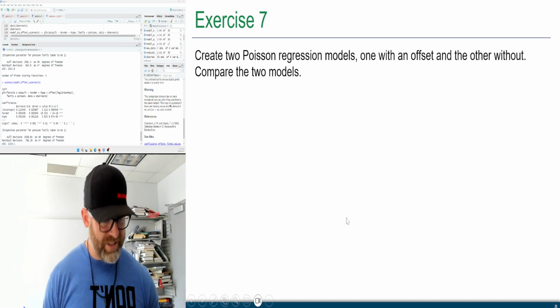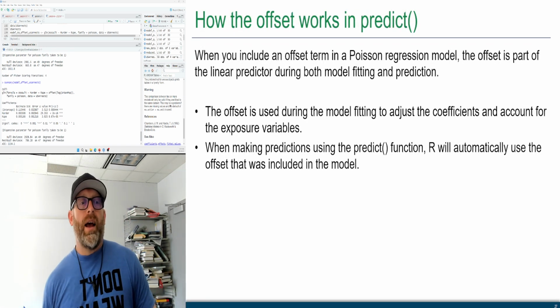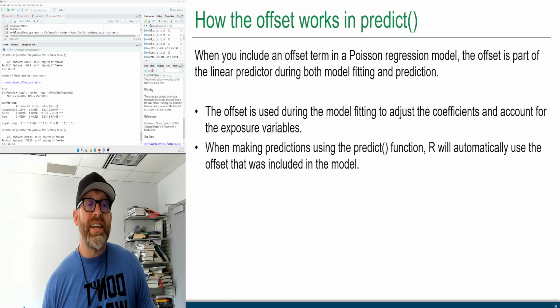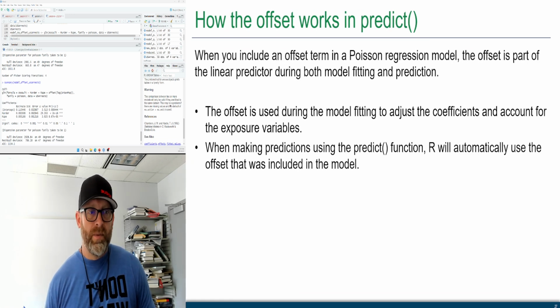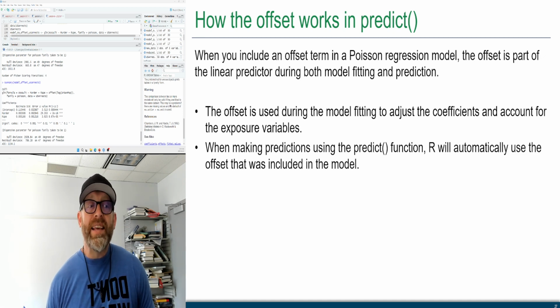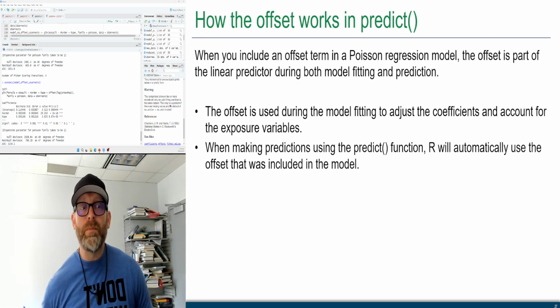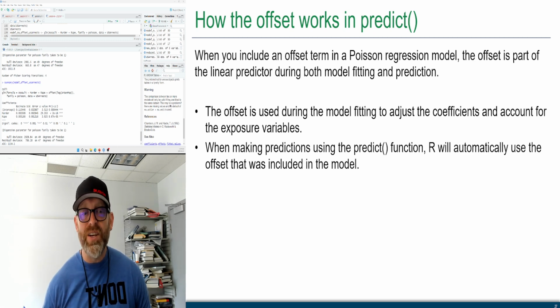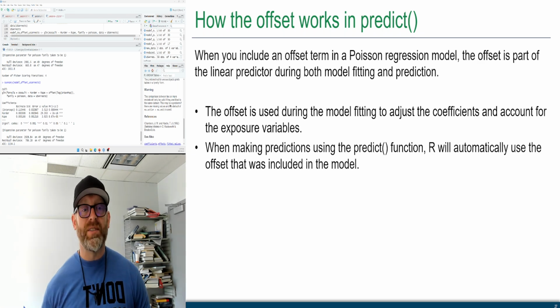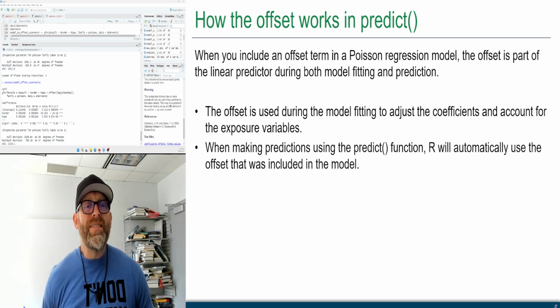All right, so let's talk about how the offset works in the predict function. When you include an offset term in the Poisson regression model, the offset is part of the linear predictor during both model fitting and prediction. We did see that it became a factor when we were getting different coefficients, but we haven't seen it in terms of the predict function.